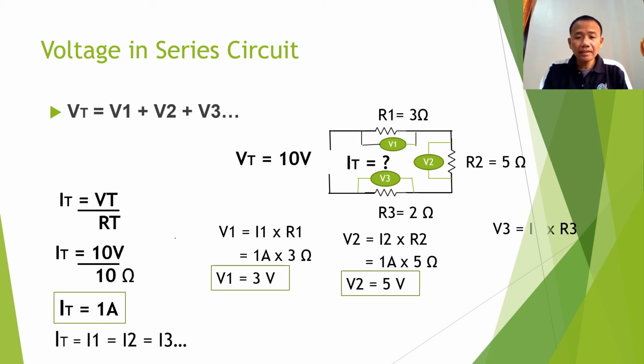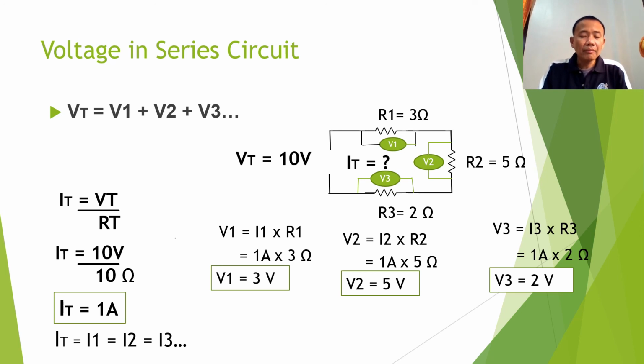And lastly, solving for V3 will give us I3 times R3. We substitute the value of I3, which is 1 ampere, and it will give us V3 equivalent to 2 volts.